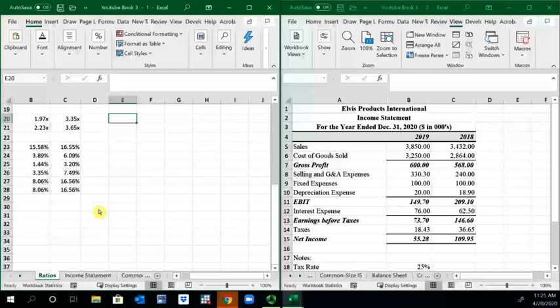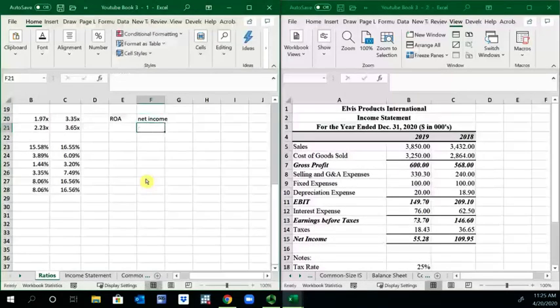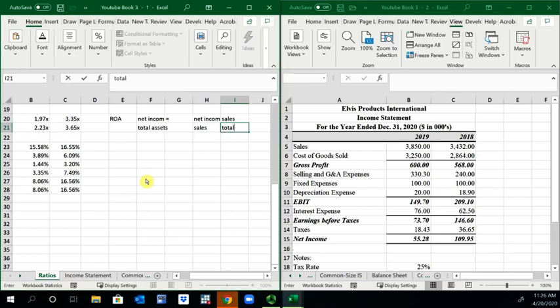So we could say that ROA is equal to net income divided by total assets, which is actually equal to net income over sales multiplied by sales divided by total assets.